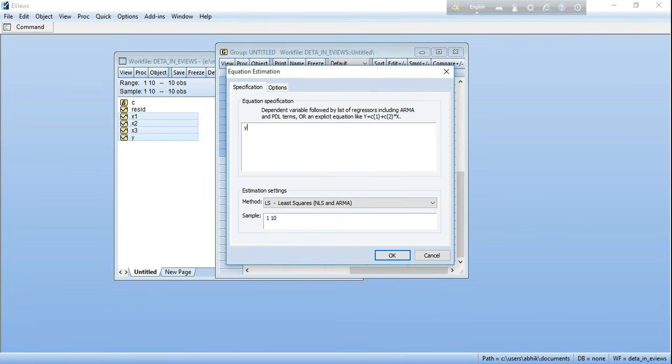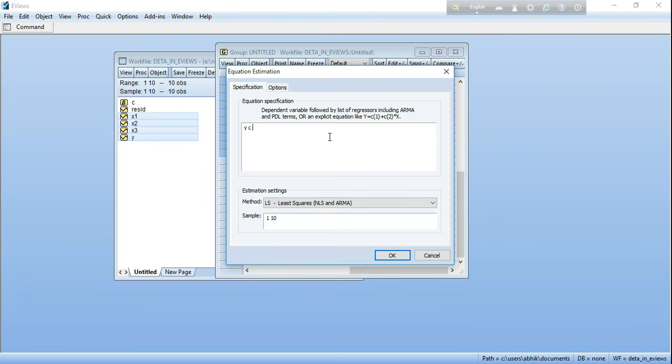So type y, then a space and type C. C stands for constant, and this constant is for the regression equation, and there will be another space. Then there will be the independent variables one by one, and each will have a space with them.